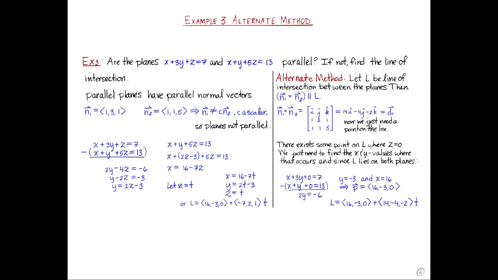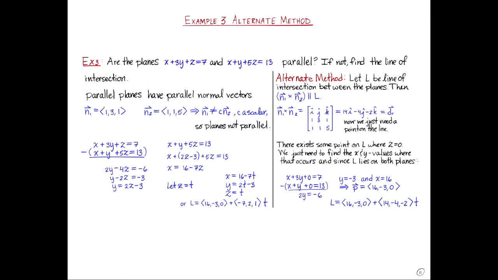Since this line extends infinitely, then there has to be some point on L where z is equal to 0. We just need to find the x and y values where that occurs. And since L lies on both planes, we can sub in 0 for both of the z components and eliminate one of our variables. Eliminating x here and solving for y, we get that y is -3.